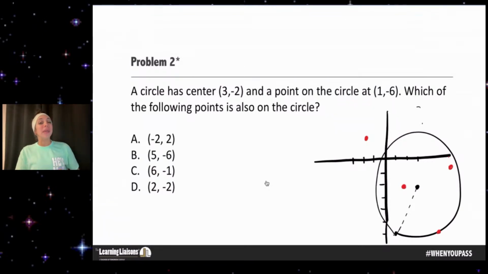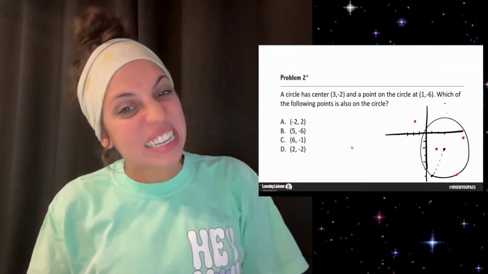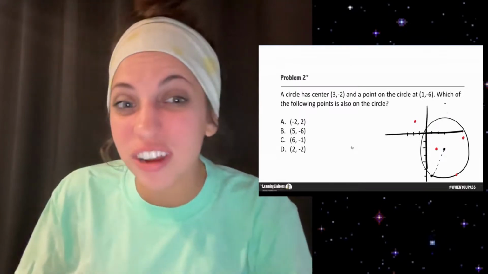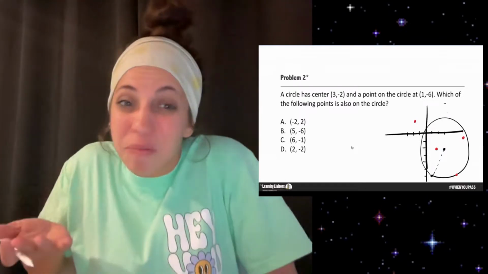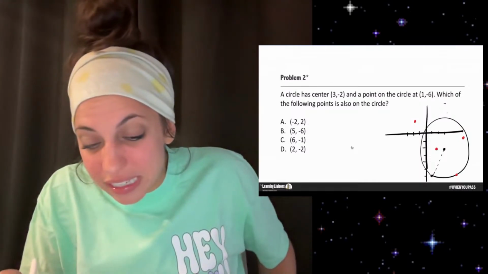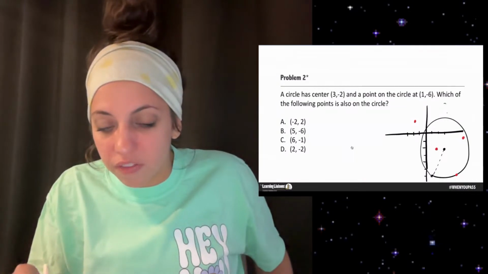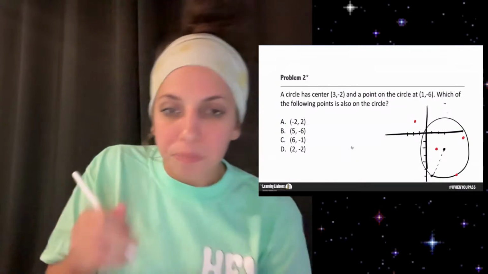Some of these points are too close for comfort, right? I could look at this and think, I think it's (6, -1). And if I was running out of time, I would probably pick (6, -1). Or no, not (6, -1), (5, -6), sorry.